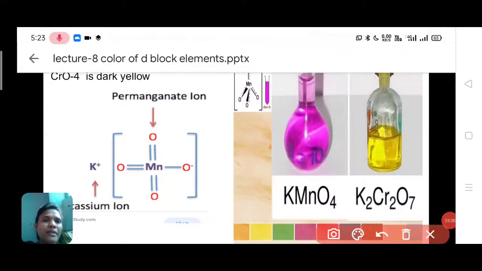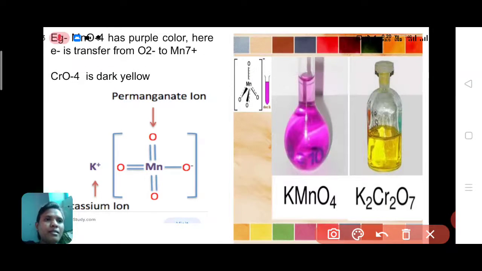So we can see here that this permanganate ion appears purple, and this is due to charge transfer transition of electron from oxygen ligand to manganese ion.